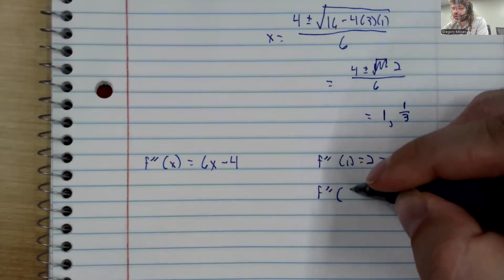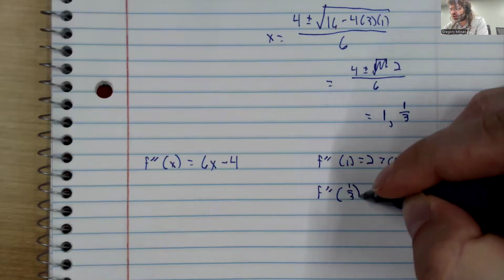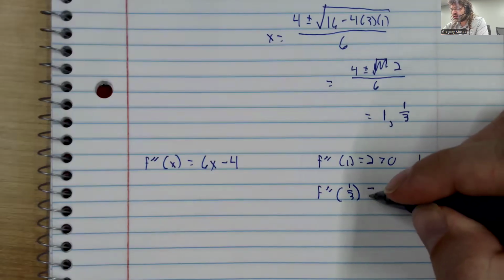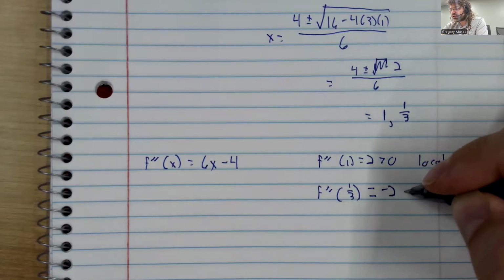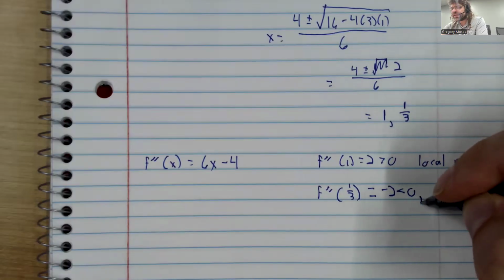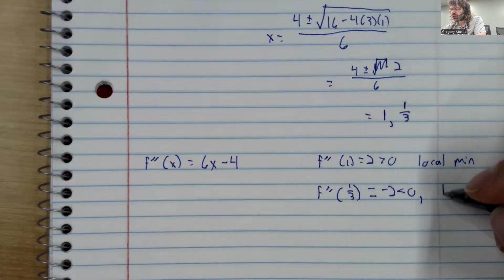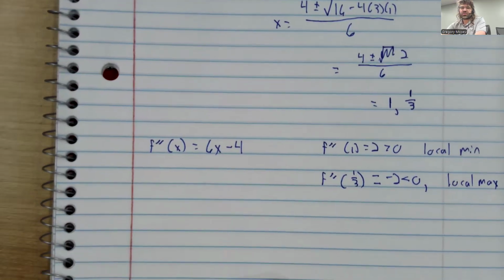F double prime of 1/3 is -2, which is negative, so 1/3 is a local max.